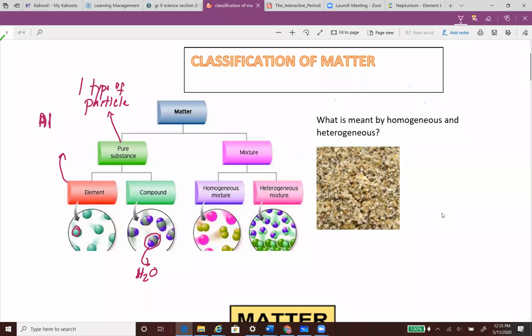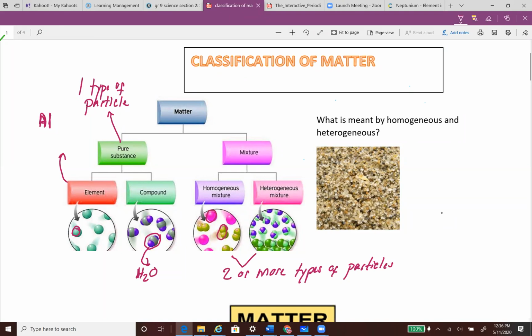So a mixture, if I look here at what a mixture is, you can see in both these examples that you have two or more types of particles. For example, I can see fuchsia, and I can see green.